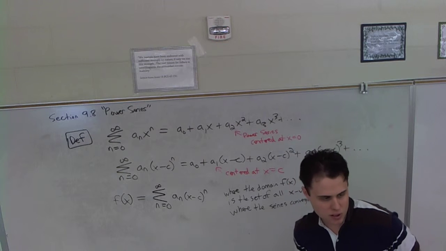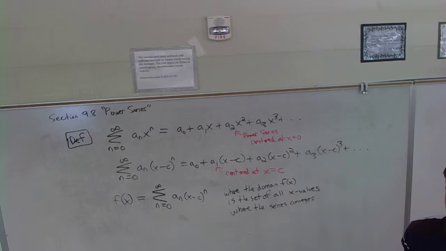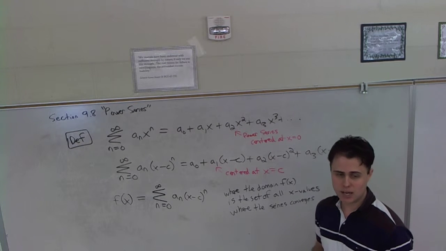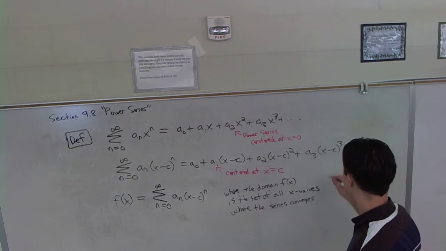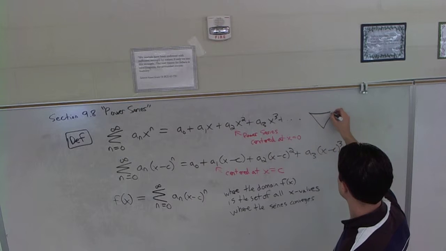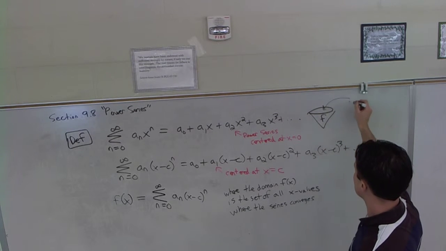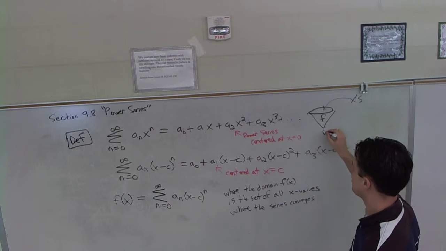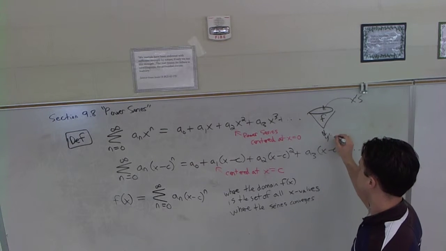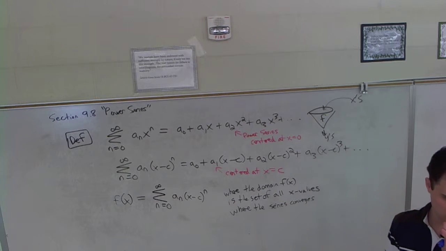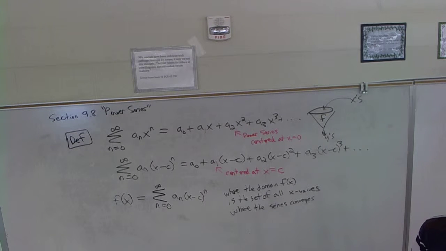If the series never settles down to any specific thing, then that breaks down the idea of what a function is. Because remember, in abstract, what a function is: a machine called f, and you toss x's into it, and what pops out? Y's. But one of the main rules of that function machine is if it's truly a function, if you toss an x in, how many y's must come out?